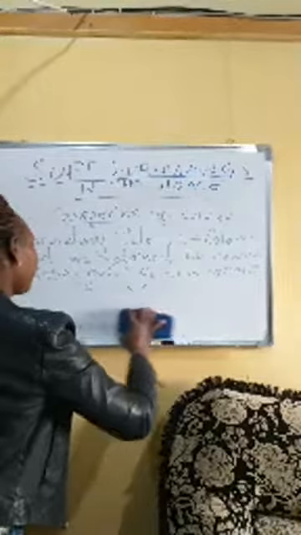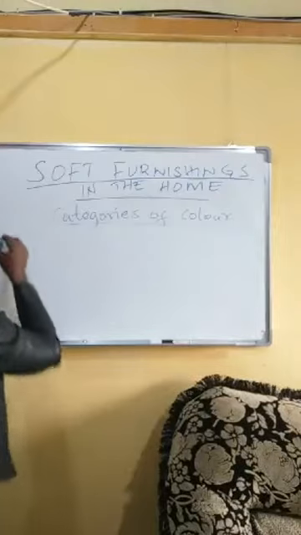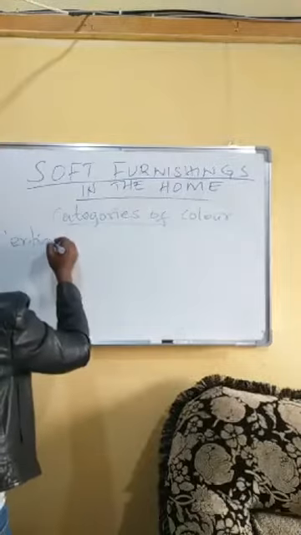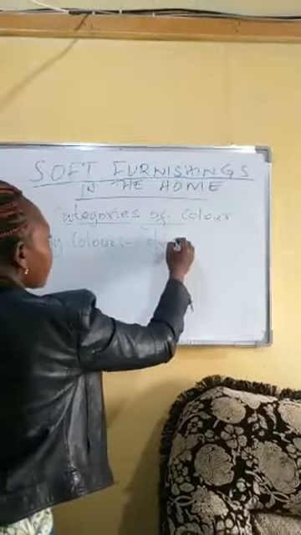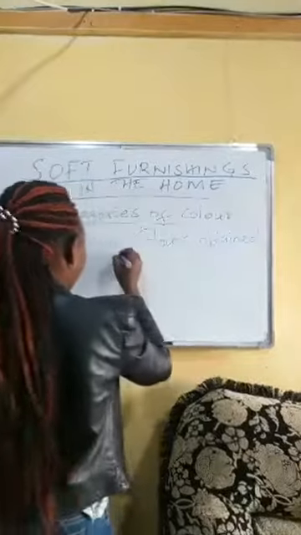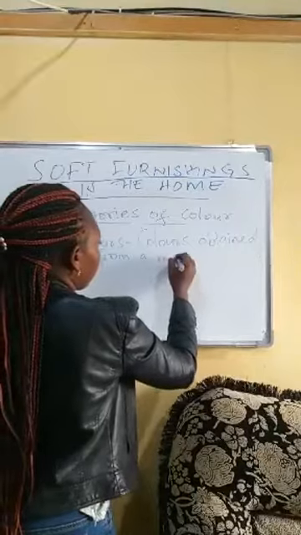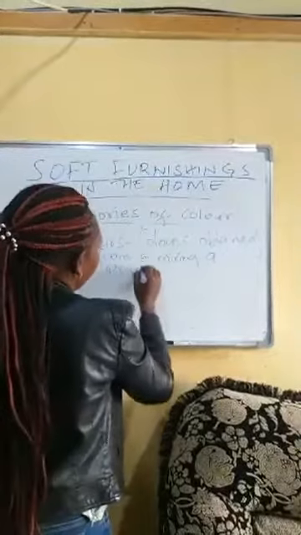And finally, we have the last category, which is the tertiary colors. These are colors that are obtained by mixing a primary color and a secondary color.